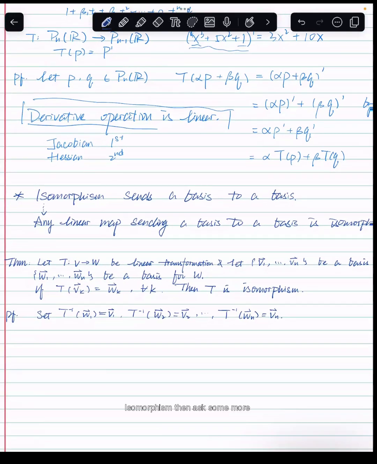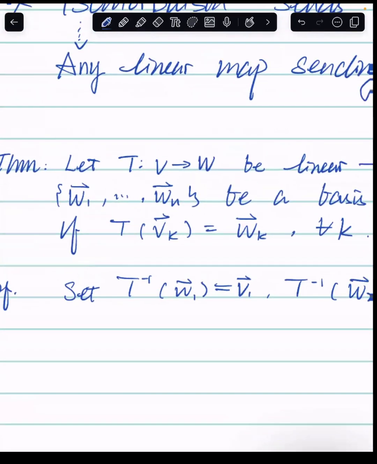Right, now we have this transformation. We can then verify if it's an isomorphism.